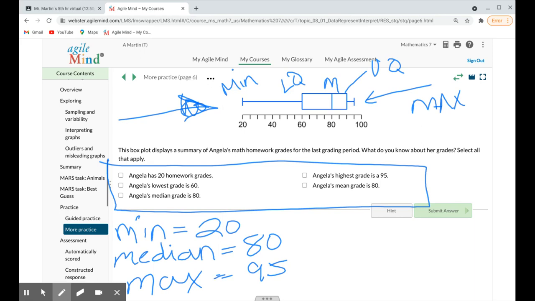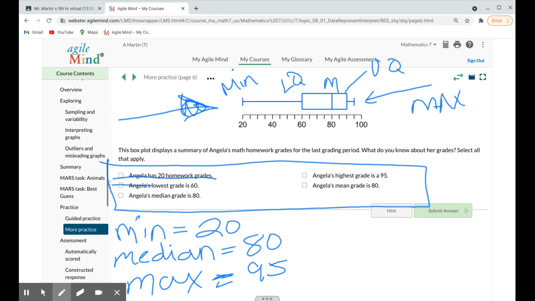All right, so Satari. Angela has 20 homework grades. Do we know how many homework grades she actually has, Satari? No. Nope. So that's out. Angela's lowest grade is a 60?